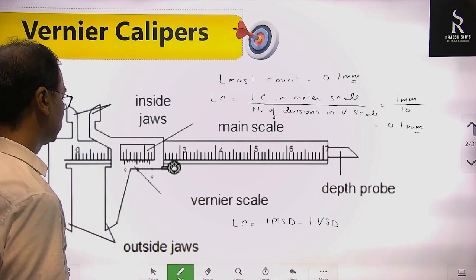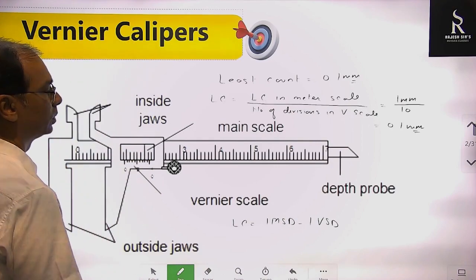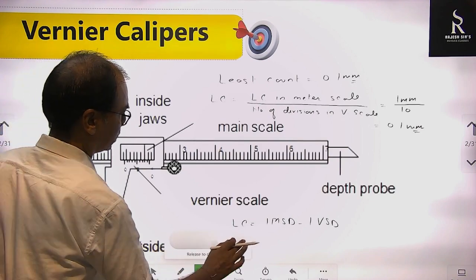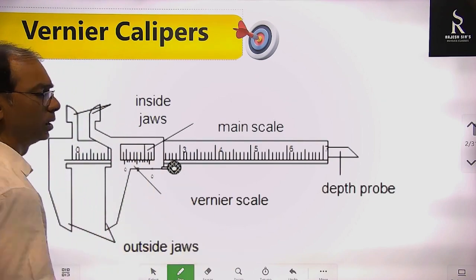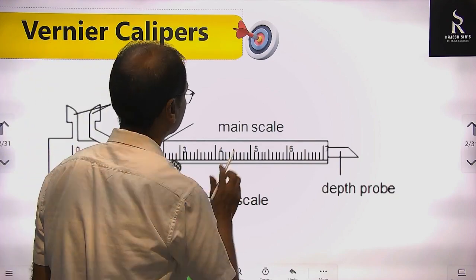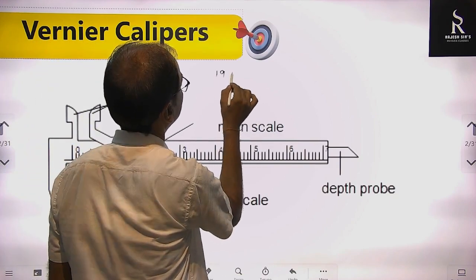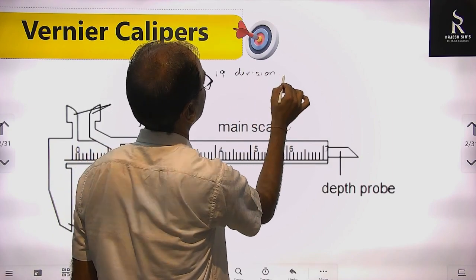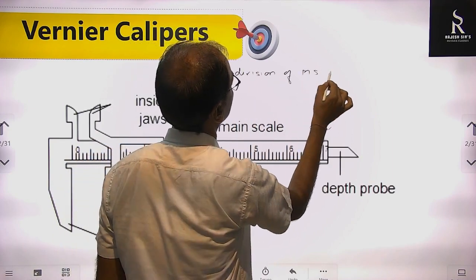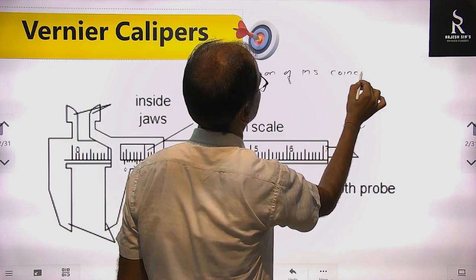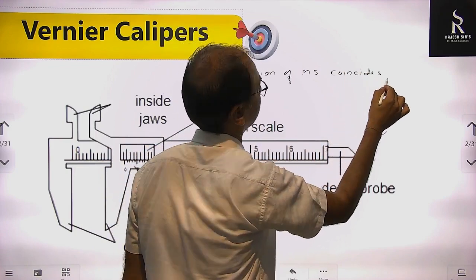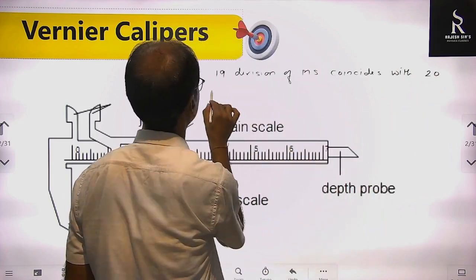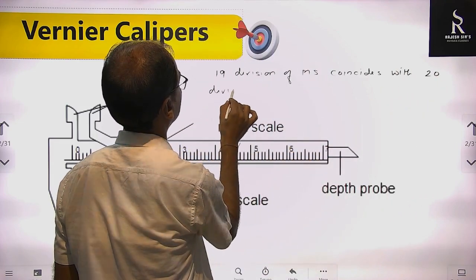Let's see, if we are going to frame one question, how is the question? I am writing it on this screen only. It says that 19 divisions of main scale coincide with 20 divisions of vernier scale.